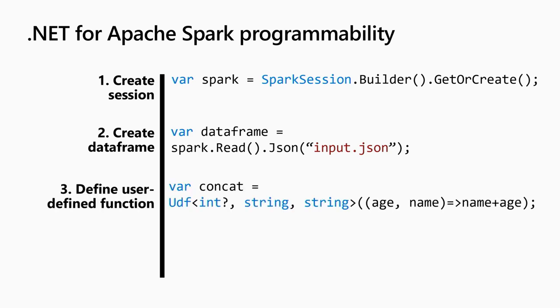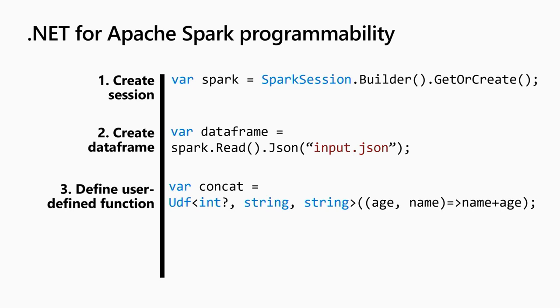And then in this case, I'm creating a user-defined function. The interesting part is that the UDF constructor you see there takes that lambda expression, which is in this case just the concatenation, and creates a function that gets registered in the context of your Spark session.